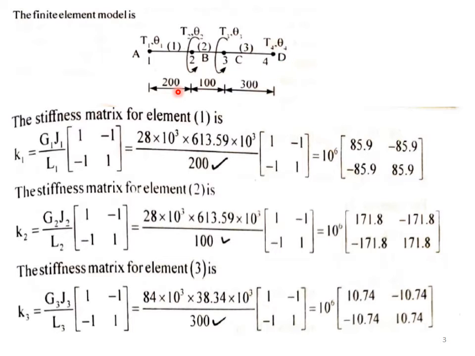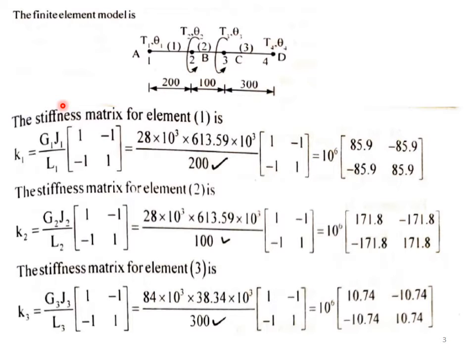Length of element 1 is 200, element 2 is 100, element 3 is 300. So we'll calculate the stiffness matrix initially.